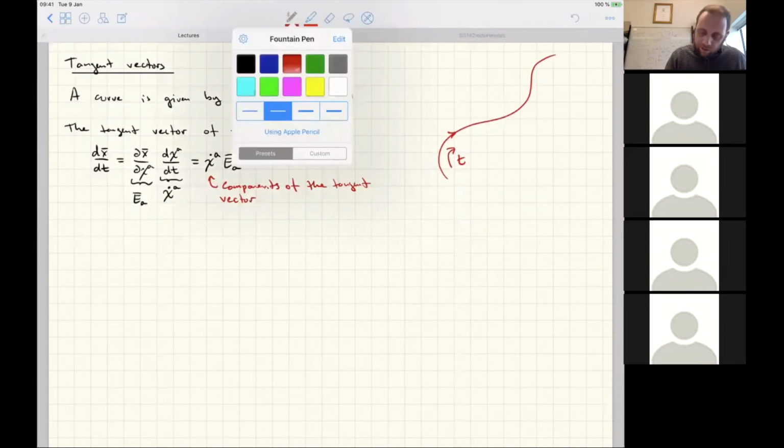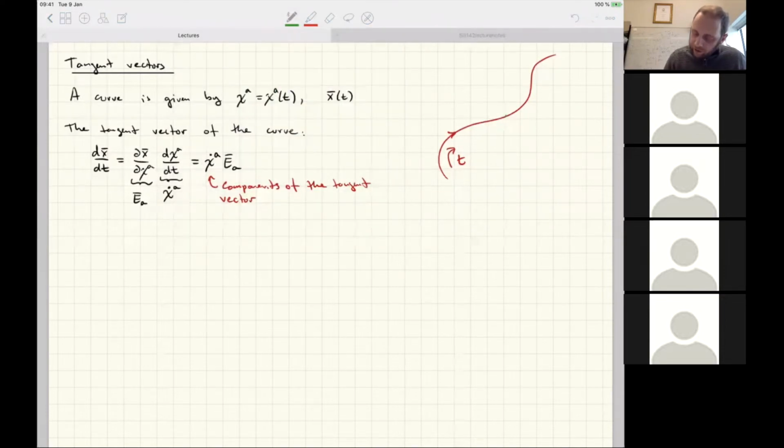If I look at this point, the tangent vector is a vector that points along the curve. And if I call the curve gamma, I'm going to call this gamma dot.